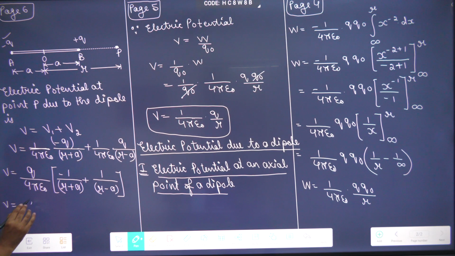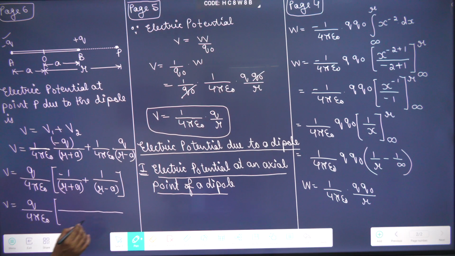V is equal to q upon 4 pi epsilon naught. Now, LCM. When we have different terms in the denominator, to find out LCM, we simply multiply these two terms. So in the denominator I will get r plus a into r minus a. Now, r minus a into minus 1 is minus r minus a. R plus a into 1 is plus r plus a.